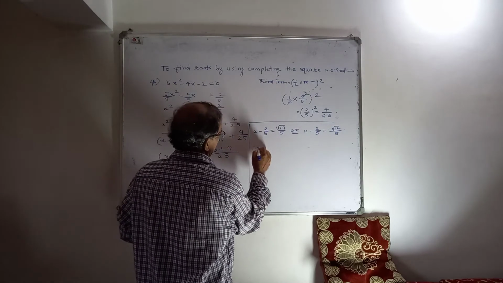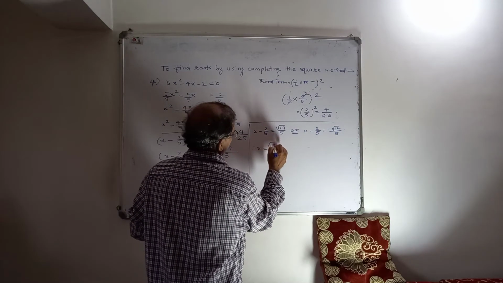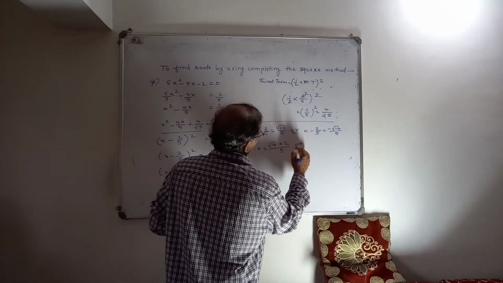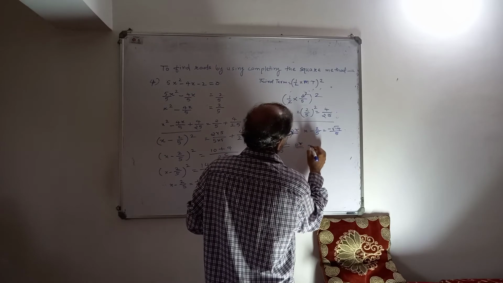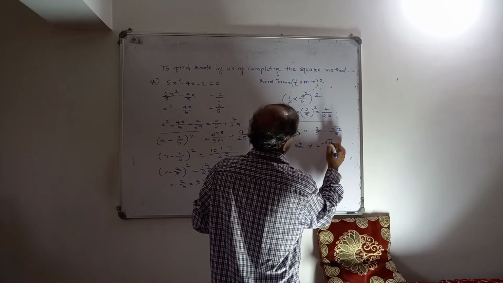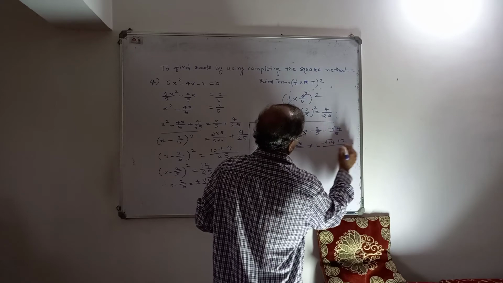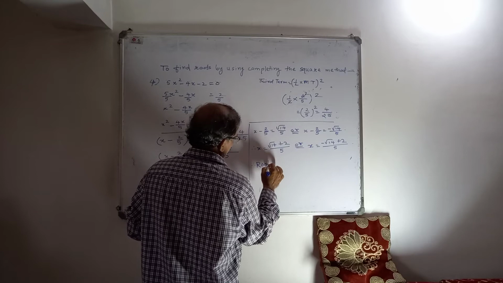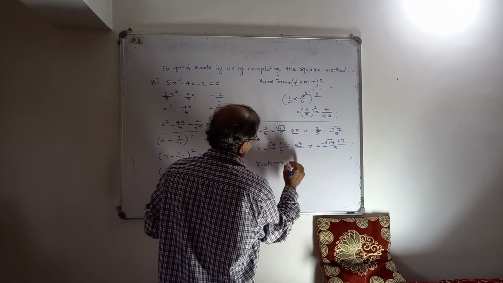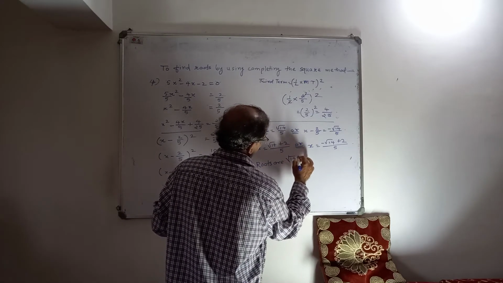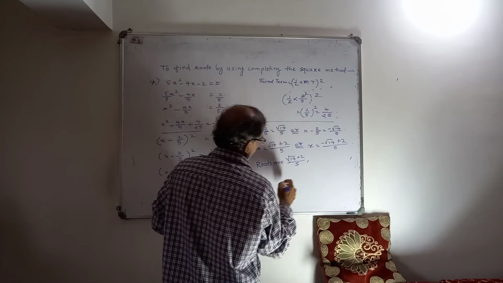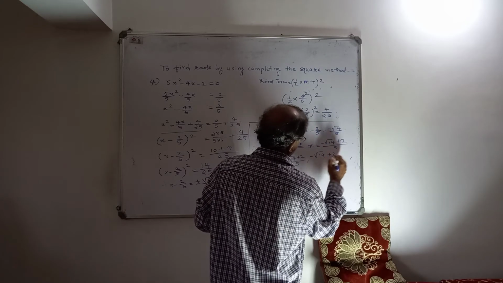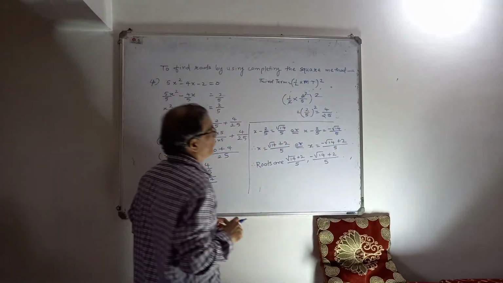And now therefore x is equal to root 14 plus 2 whole upon 5 or x is equal to minus root 14 plus 2 whole upon 5. And therefore roots are root 14 plus 2 upon 5, comma, minus root 14 plus 2 whole upon 5.